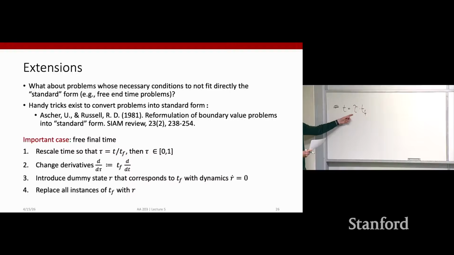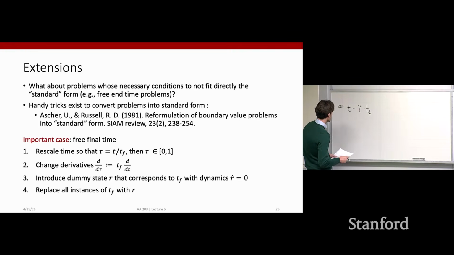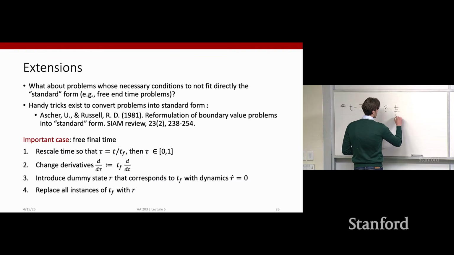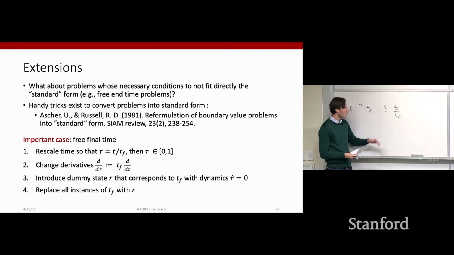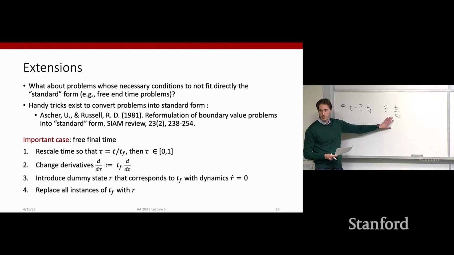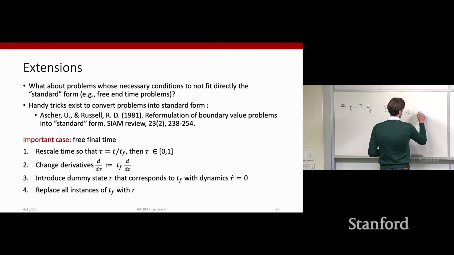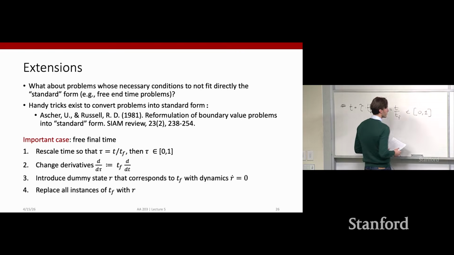Tau here is this rescaled time which we wish to use. And note that by this definition, tau is t over tf. And so tf is something we don't know, but whatever tf is, tau will be defined between 0 and 1. Because at the final time, this will be tf over tf, which is equal to 1. So overall, this object is something that is between 0 and 1.